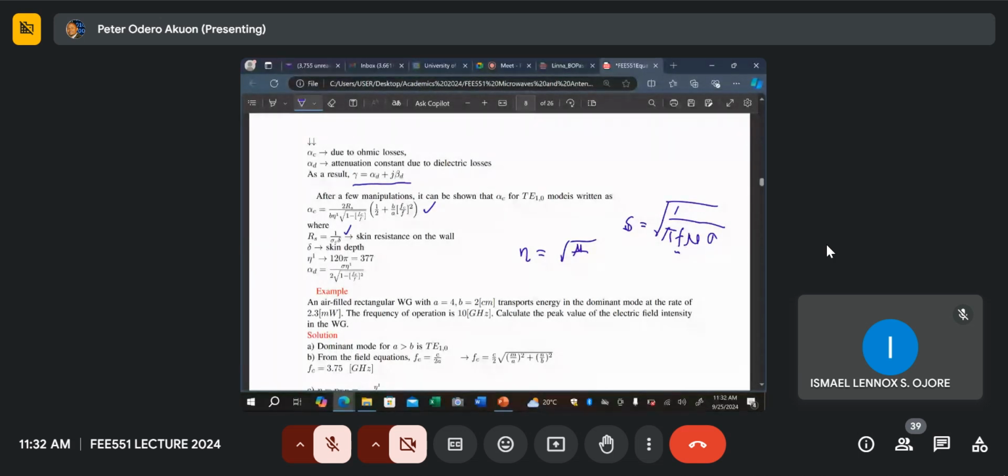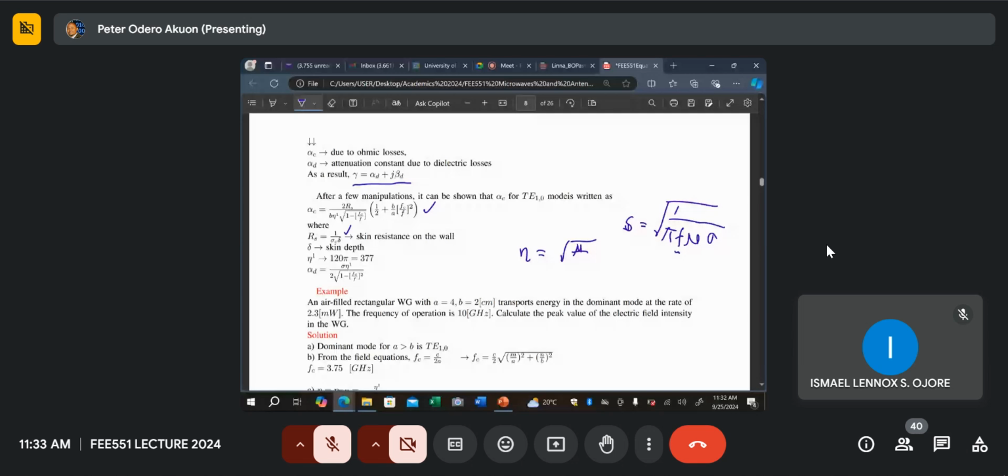It was the square root of the permeability over the permittivity. So eta is equal to the square root of mu over epsilon, which will give you 120 pi, which is 377.